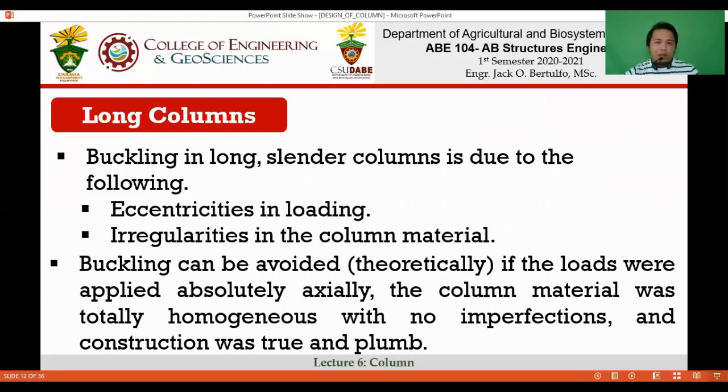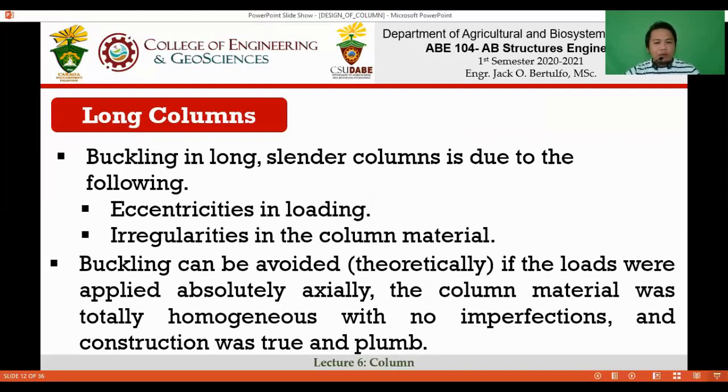This time, we will only focus on a homogeneous material, so steel and timber. But I will only discuss the timber column. I already uploaded the steel, but it's just for your advanced reading na lang po. Additional information about steel column. But I will only include in the exam the timber column.